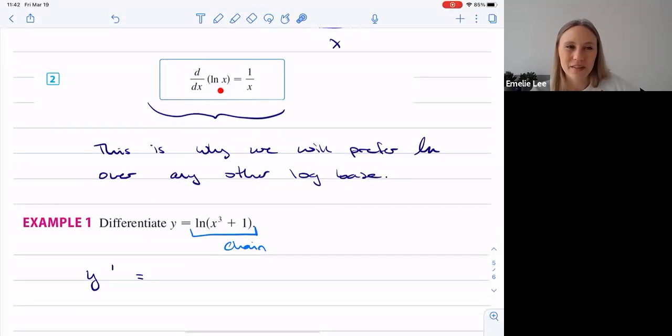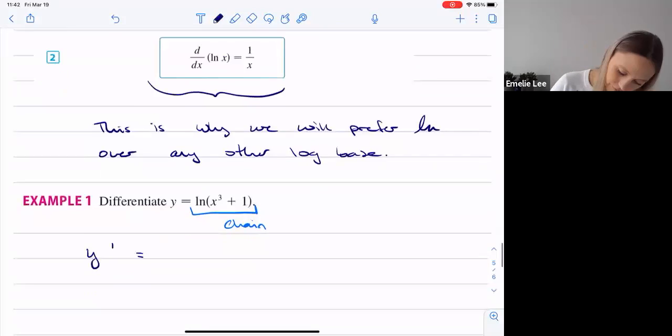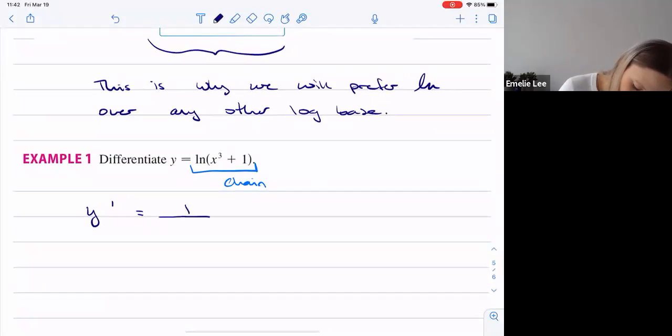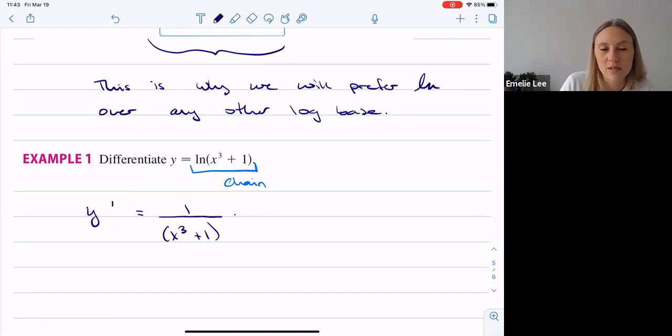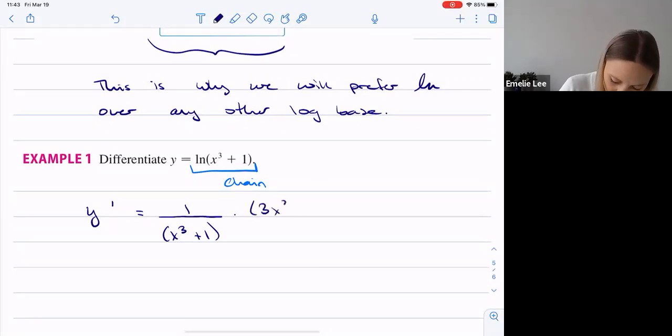The derivative of the outside, the ln, is 1 over x, but evaluated at the inside, which is x to the 3 plus 1. So then it becomes 1 over x to the 3 plus 1 times the derivative of x to the 3 plus 1, which is just going to be 3x squared.